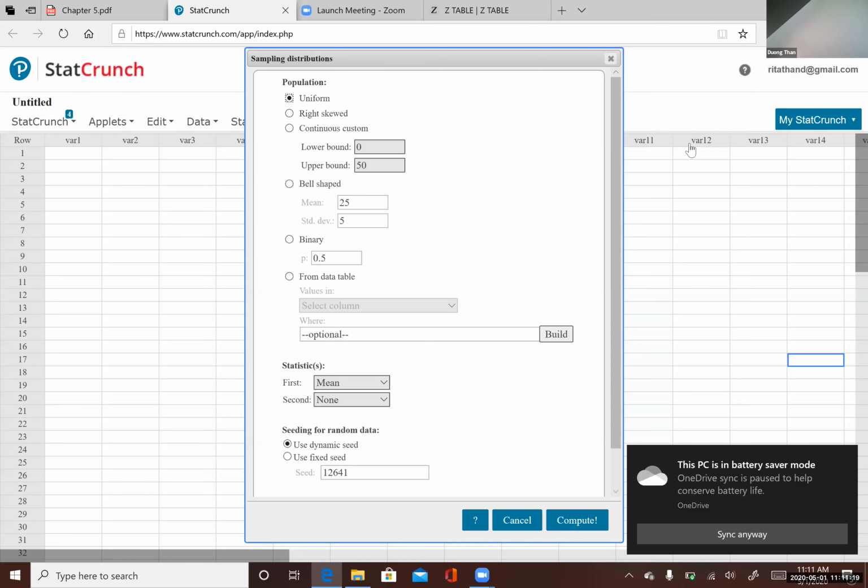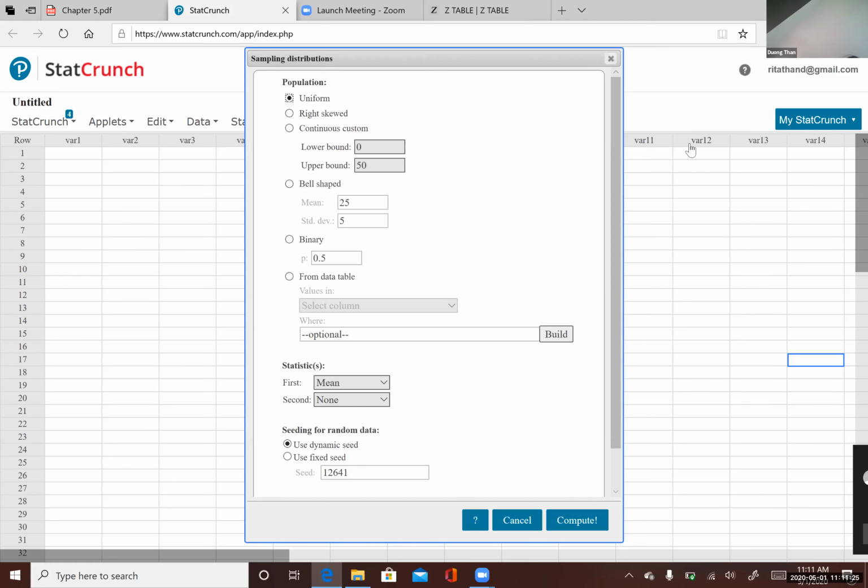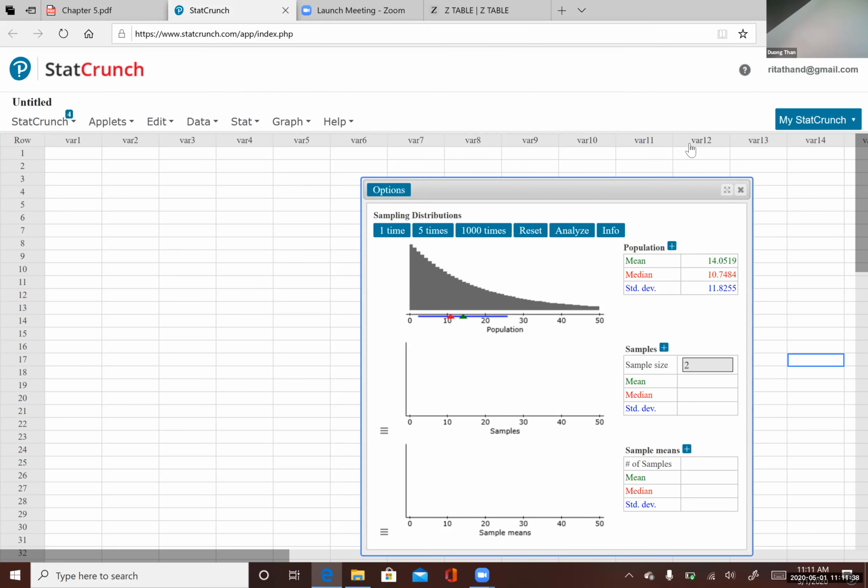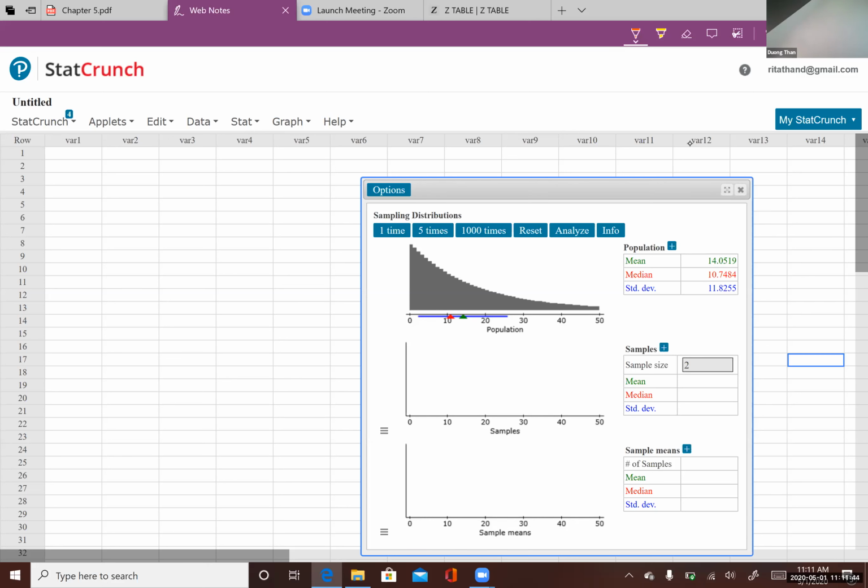All right, this is a simulation of a sampling distribution. At first I want to use the right-skewed distribution for my population, and I want to find the mean. We go here. As you can see, this distribution here is the distribution of the population.